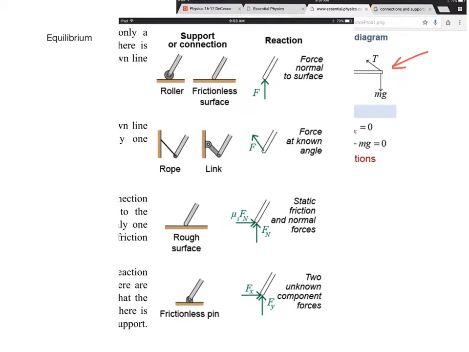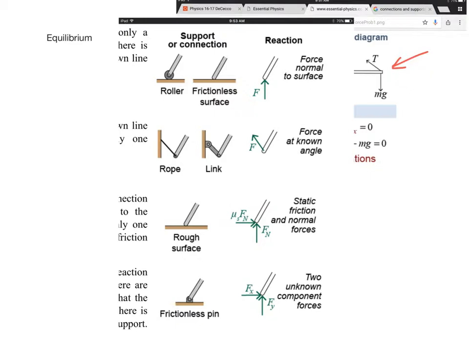And the normal force has to act straight up because of the definition of what a normal force is. Down below, if it's a rope or just another rigid link, the force is going to be acting along that link or rope, just like a tension.